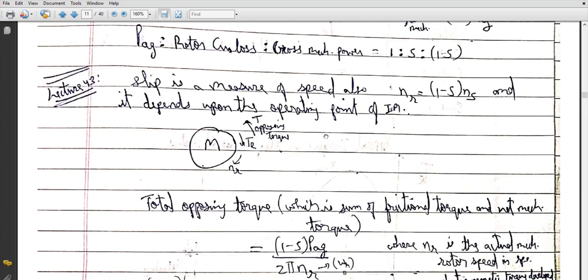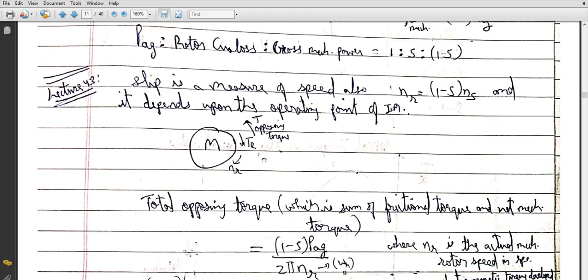I'll go straight to the previous lecture's slides because I wanted to show you the relation between power, torque, and speed. We know that active power P is equal to torque into omega, where omega is your speed in radian per second.